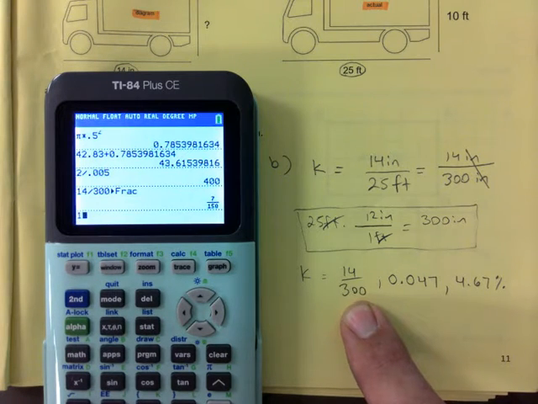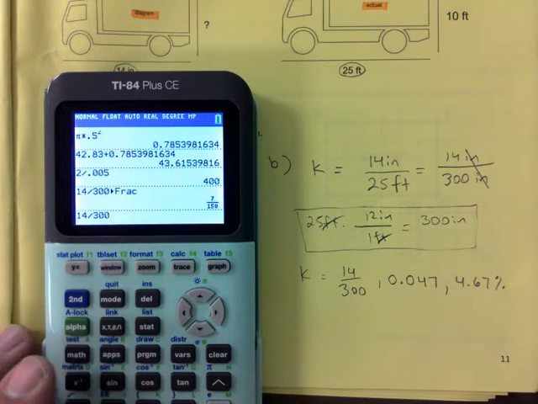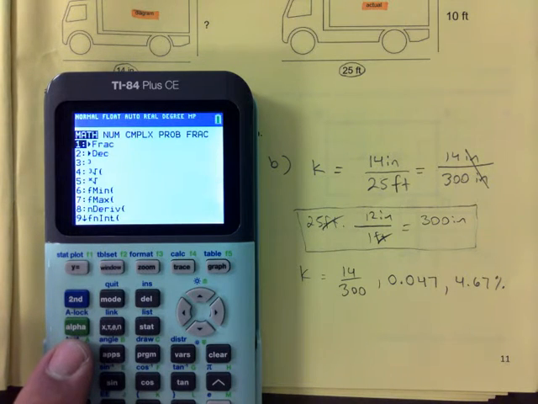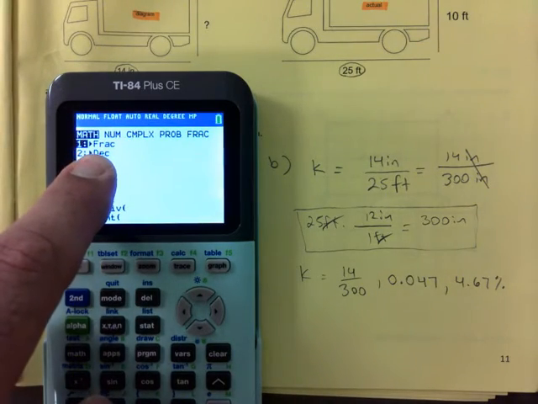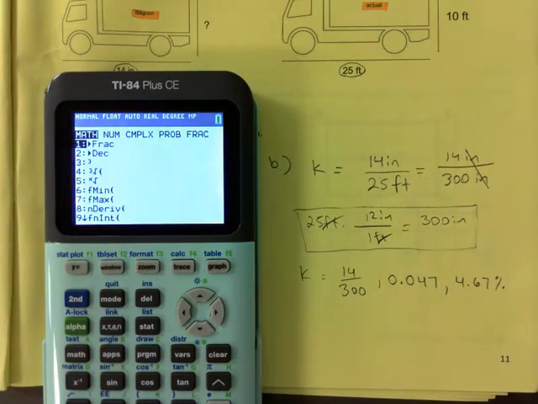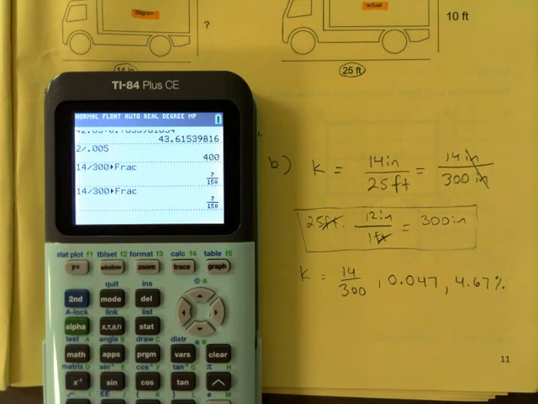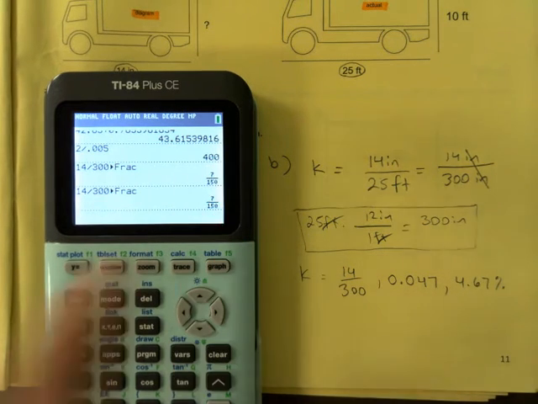But if you were to go 14 divided by 300, don't hit enter just yet. Then you press math. Press the math button once you've got 14 divided by 300. And the first option is fraction. Right? It's the very first option. Just hit enter. And then enter again. And there is your simplified fraction. It's 7 over 150.